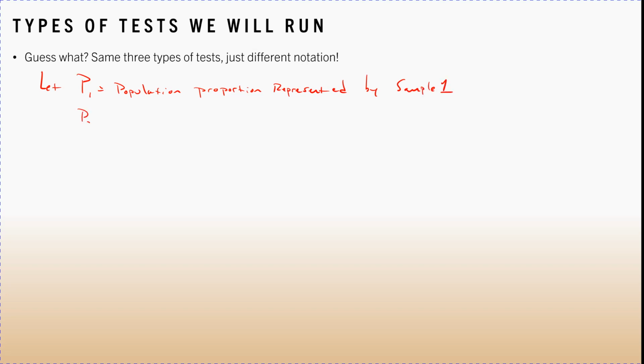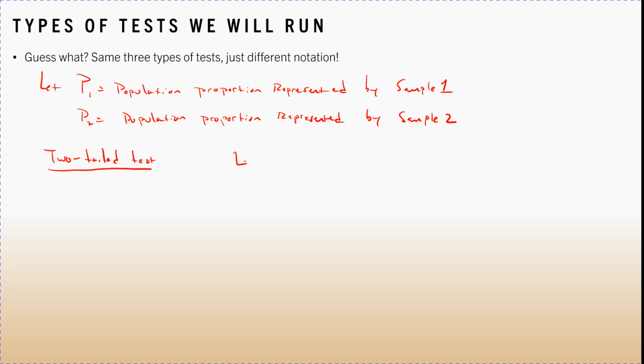And we're going to let P2 be equal to the population proportion represented by sample 2. We're going to run a two-tailed test first, because we want to see if there's a difference. Then we're going to run a left-tailed test, and then finally a right-tailed test.